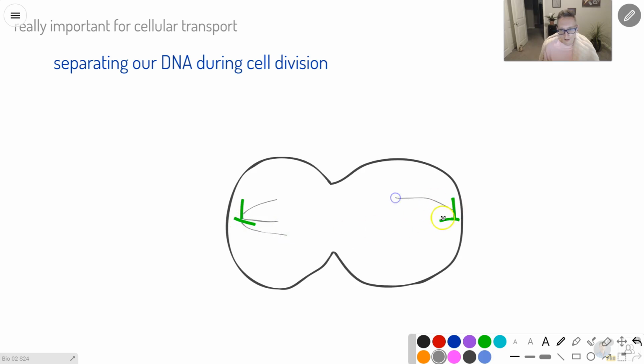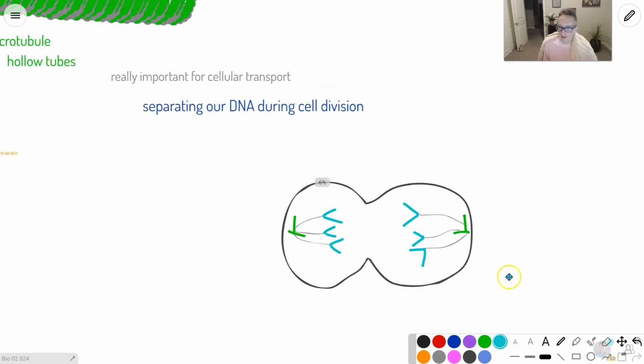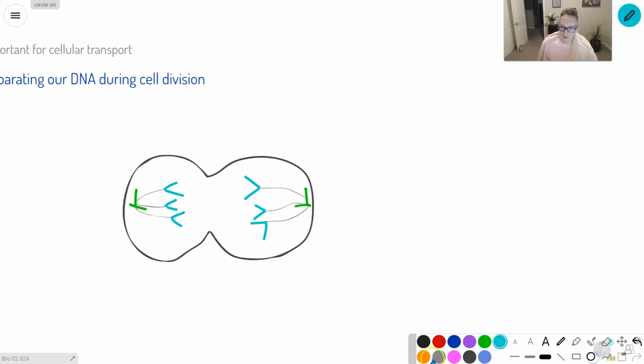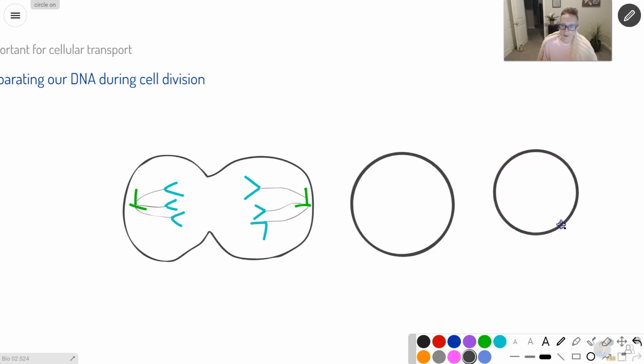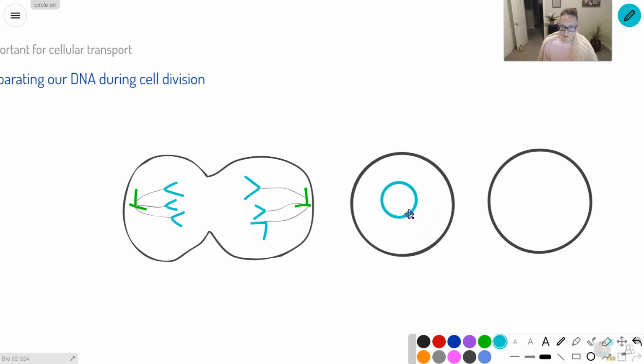And these connect to our DNA during cell division. Our chromosomes are connected like so. And these microtubules help pull this DNA to each side. So then we can have two cells, and each will have a nucleus that reforms.